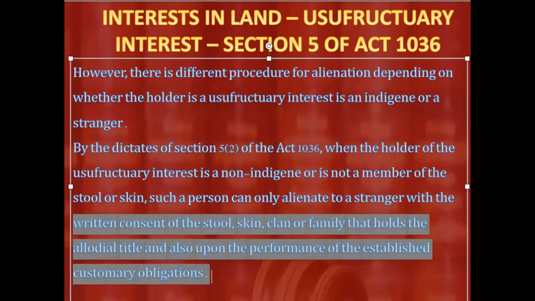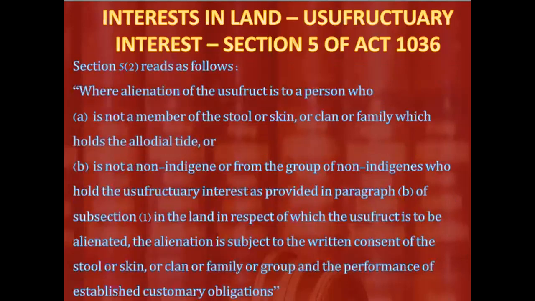And so now let me read it out to you so that I can highlight the essential aspect that brings out these points. I'm reading section 5, subsection 2b of the Land Act of 2020, Act 1036. And it reads as follows.